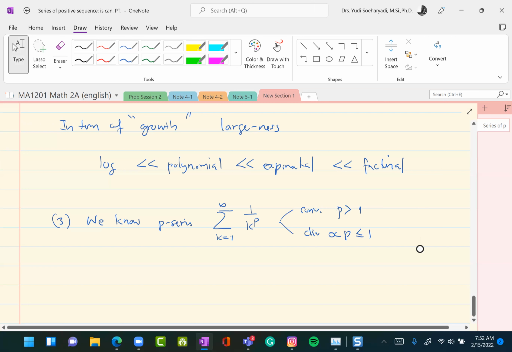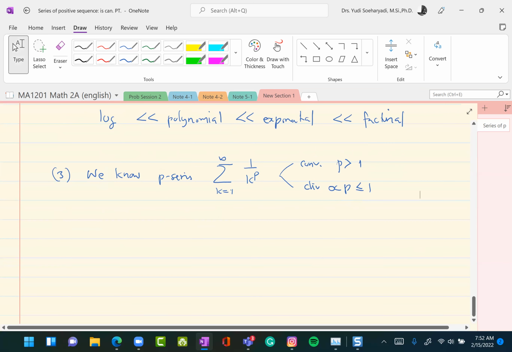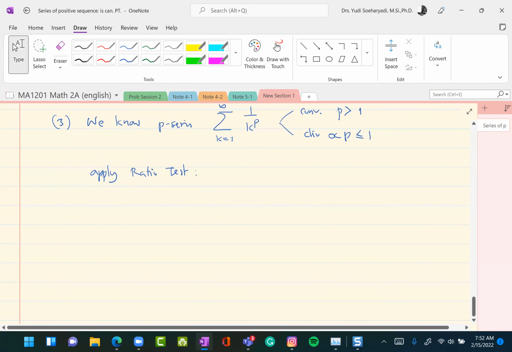But if you apply the ratio test, for example, in this case a_{n+1} would be 1 over (n+1)^p, and a_n is just 1 over n^p.